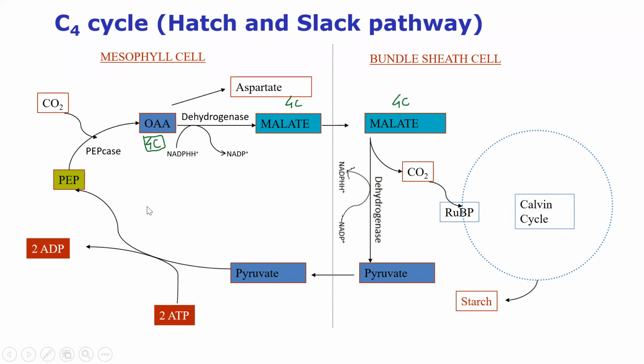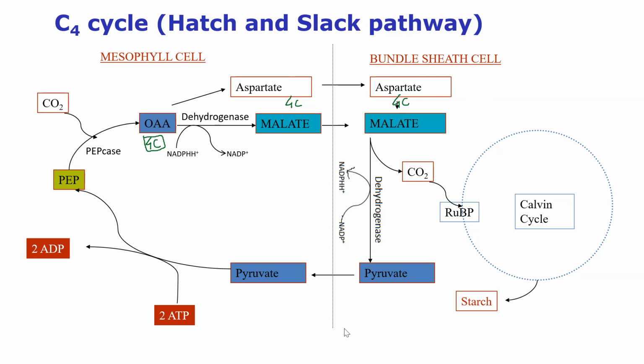There are a few plants in which oxaloacetic acid, instead of getting converted into malate, is converted into aspartate. And aspartate can also cross this boundary, and aspartate will go to the bundle sheath cell, right? But in the bundle sheath cell, aspartate will again get converted into malate, and the rest of the reaction will remain the same.